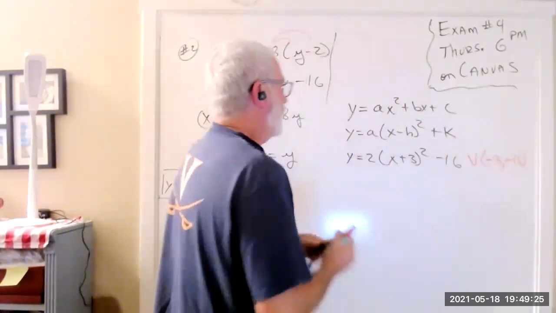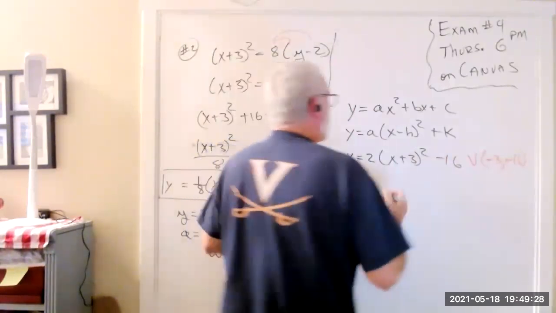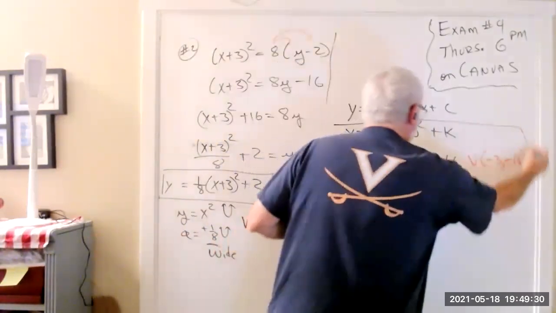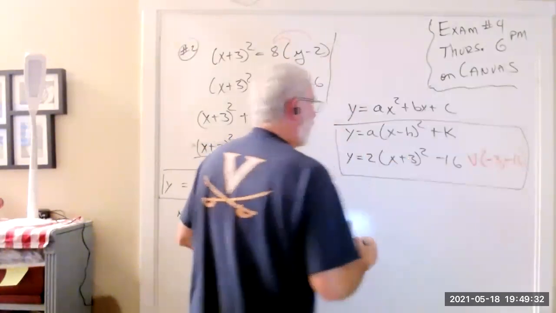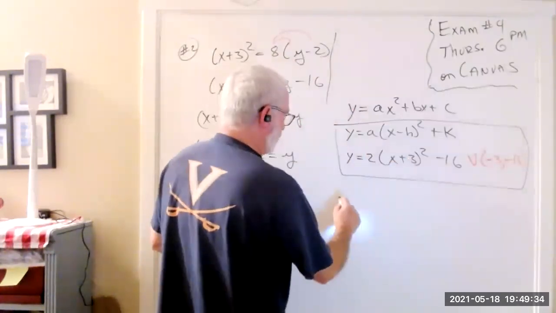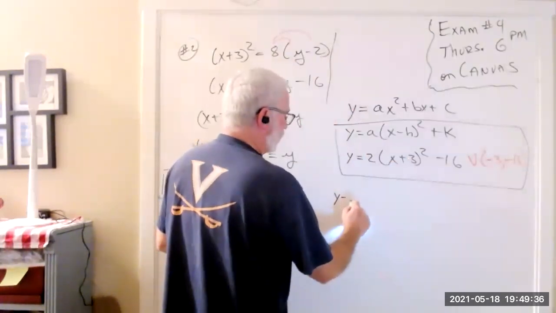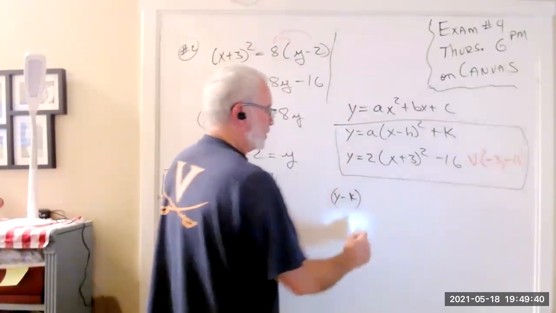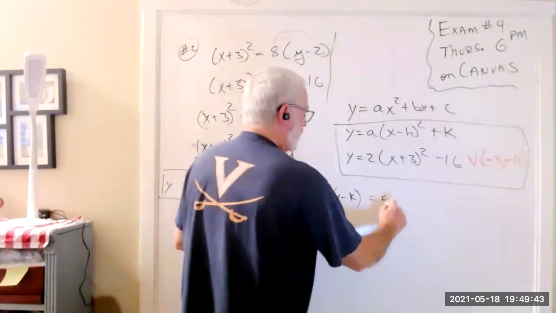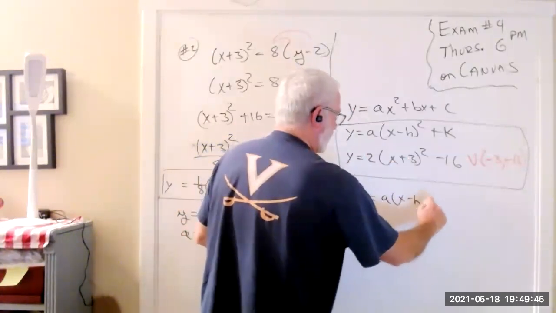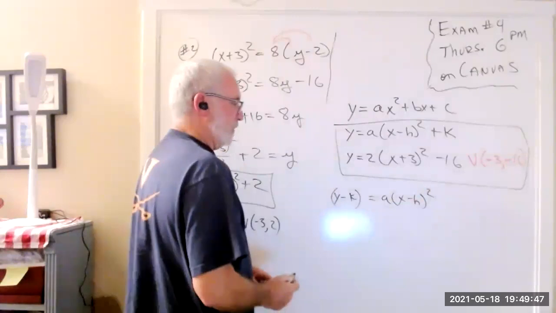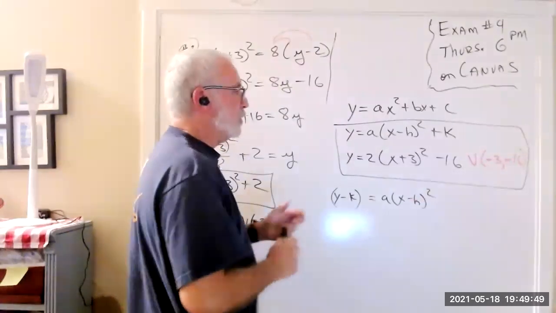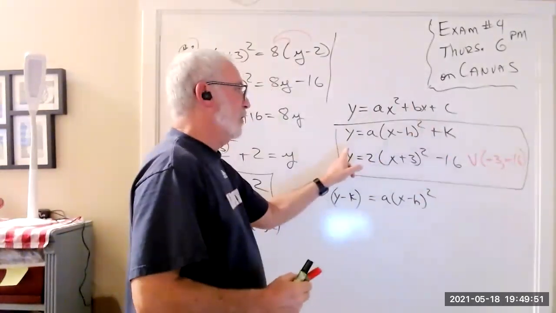Now, more modern books are going for an even different formula. They're saying, what if I have y minus k, in parentheses, equals a times (x minus h) quantity squared? So in other words, what if the k is over here?